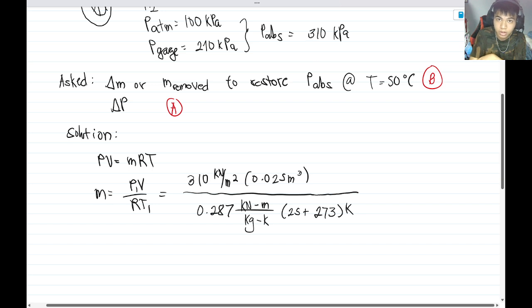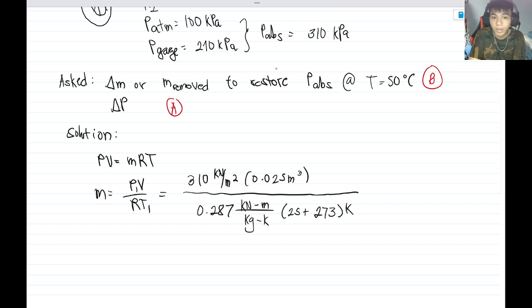Since it's not a change, we have to make it absolute. What we're looking for is the mass, so kilonewton meter here is kg. So cancel kilonewton, these will all get cancelled as well as the Kelvin. So we're left with mass, and you should have 0.0906 kg. This is the first mass. You can store it at A.